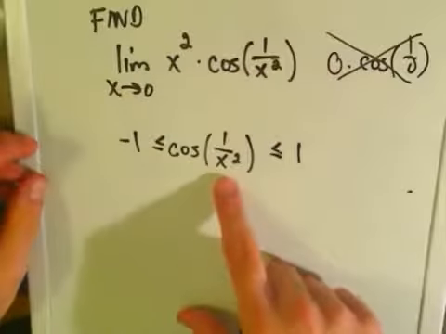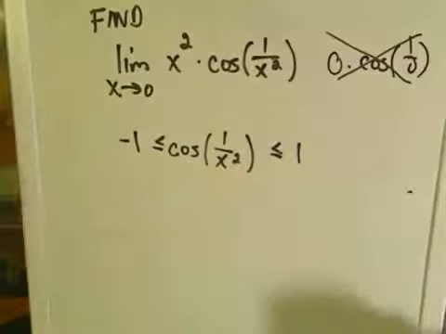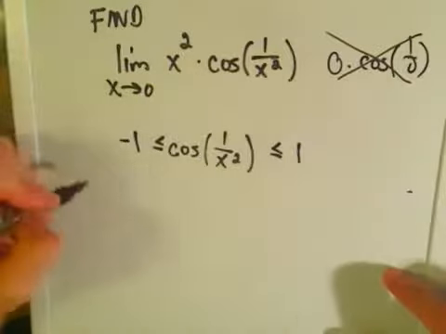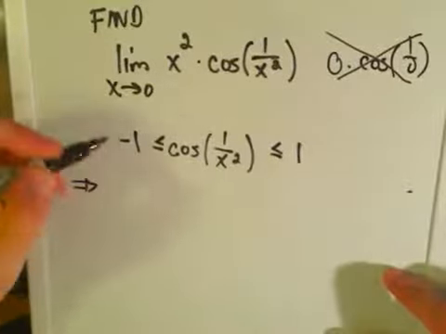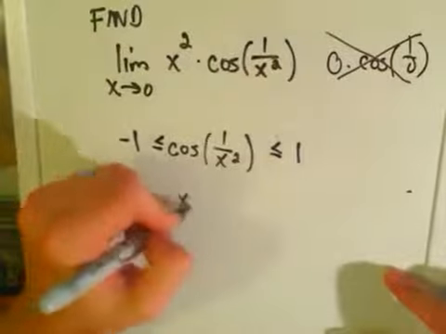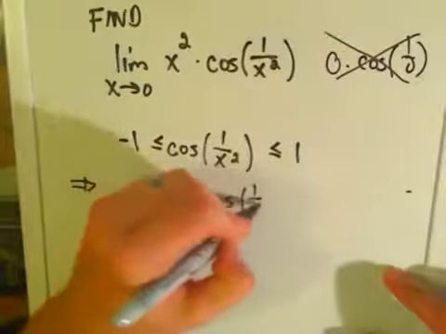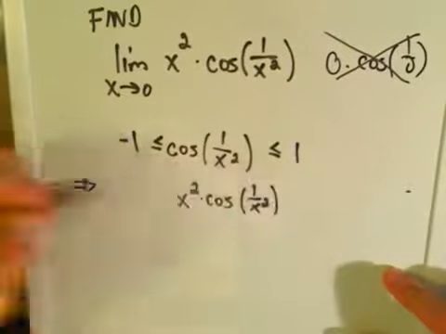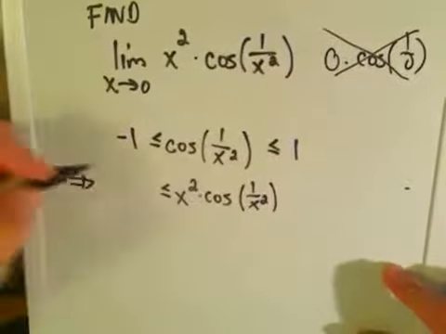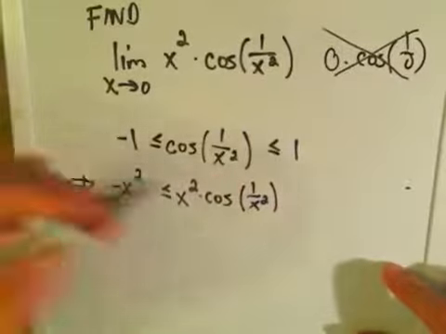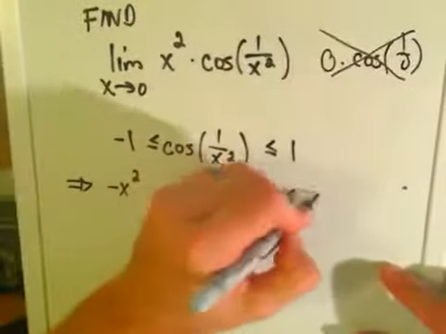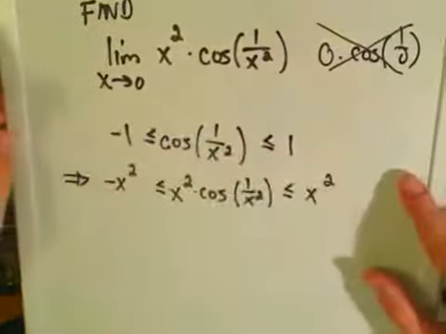No matter what we plug inside of here, cosine always satisfies that relationship. Well, what that means is, if we multiply by x squared, it says x squared cosine of 1 over x squared would always have to be greater than or equal to negative x squared, but it would have to be less than or equal to positive x squared.